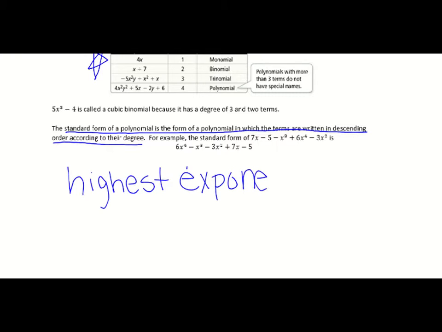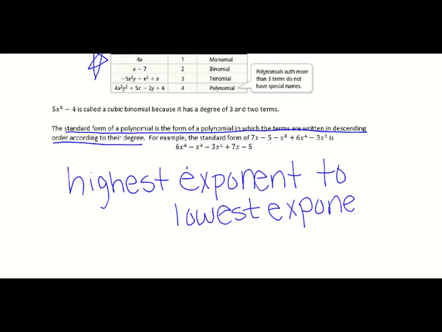And you can see that in the example written, we have 6x to the 4th minus x cubed minus 3x squared plus 7x minus 5. The highest exponent was 4, so it was written first, and then it stemmed all the way down to your constant.